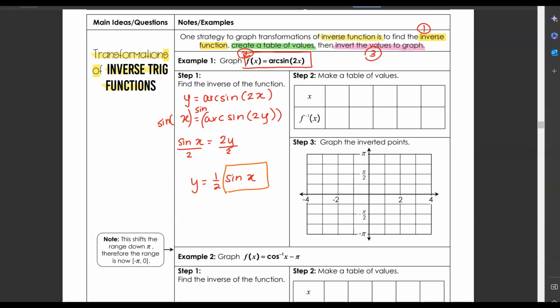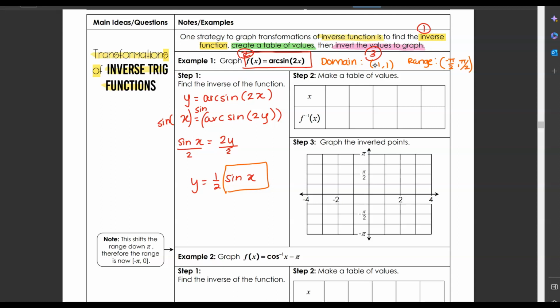So one thing to remember is arc sine is defined, right? It has a restricted domain. So the domain of arc sine is going to be from negative, and then the range of this function is going to be from negative pi over 2 to pi over 2.